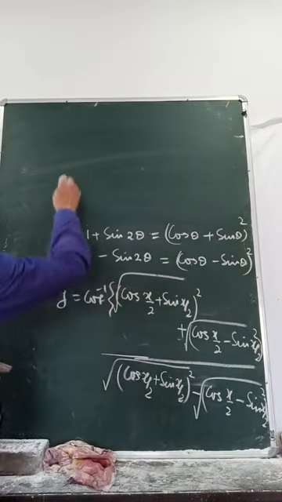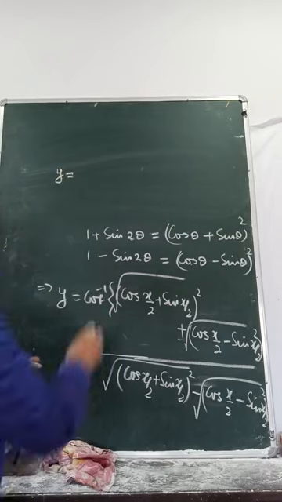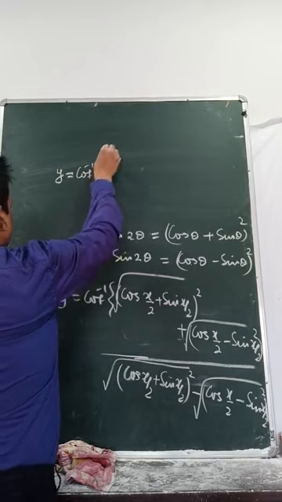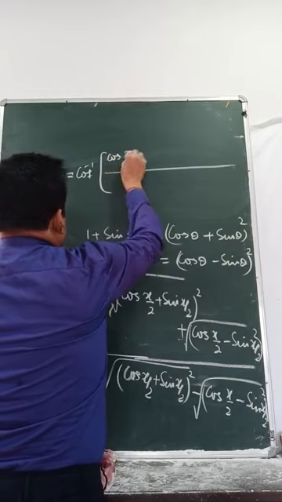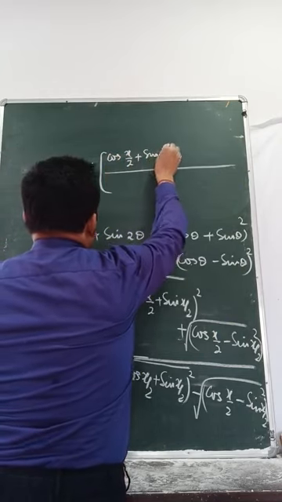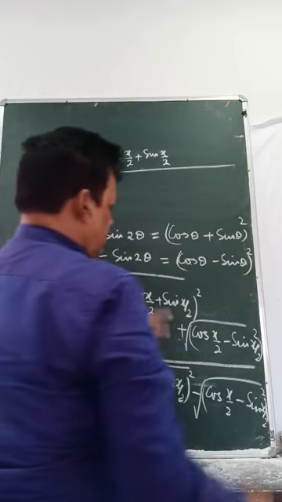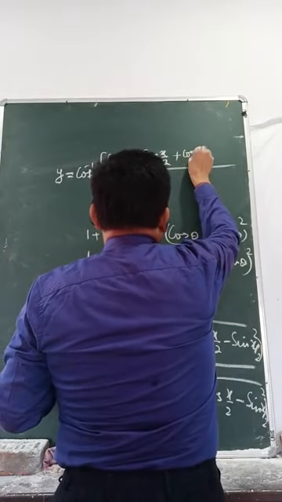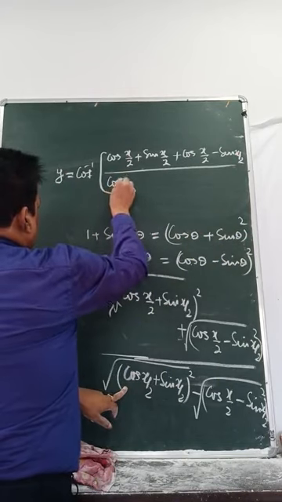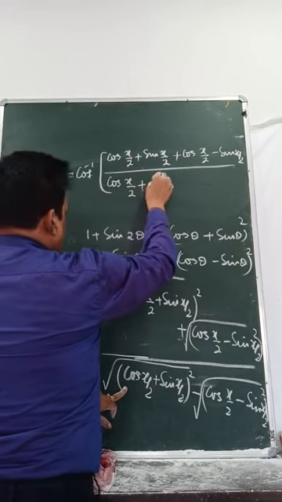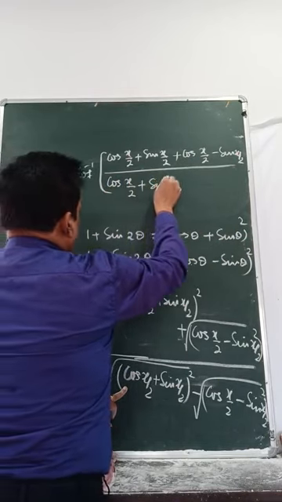You are going to get y equals cot inverse of, cos x by 2 plus sin x by 2 plus cos x by 2 minus sin x by 2, divided by cos x by 2 plus sin x by 2 minus cos x by 2 minus sin x by 2.